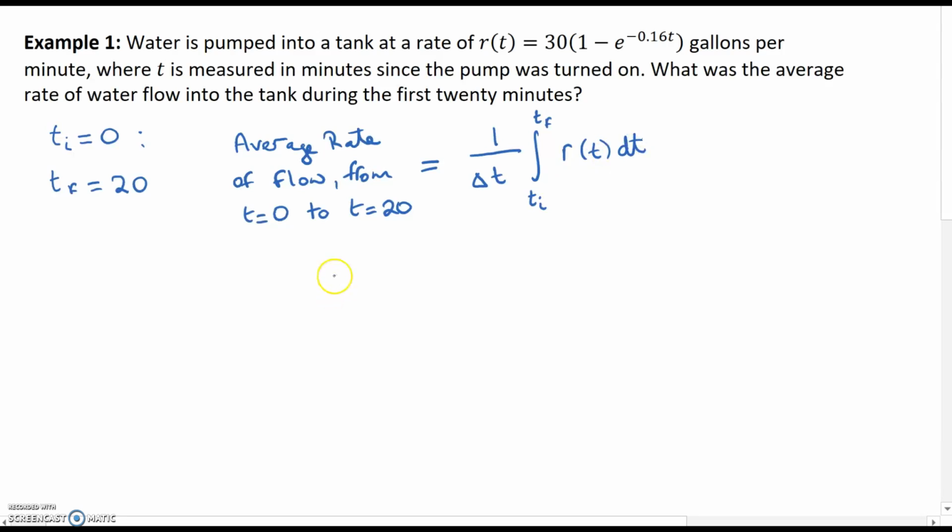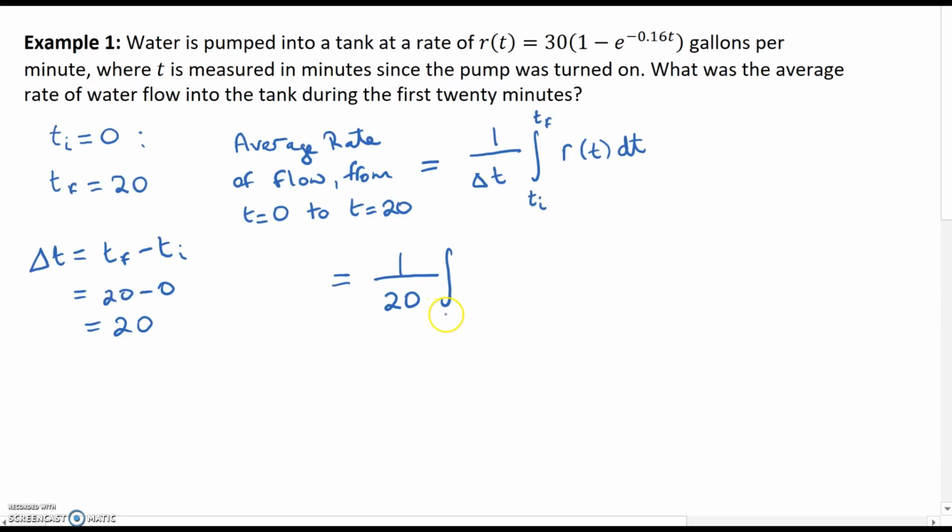Okay, so let's fill that in now. And you get 1 over delta t, where delta t is t final minus t initial, which is 20 minus 0, or 20. I'm assuming that you know that already.